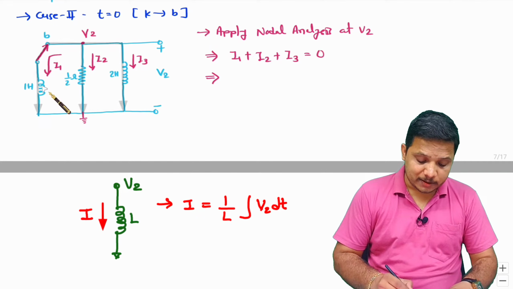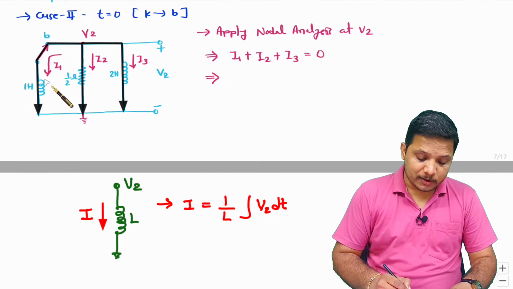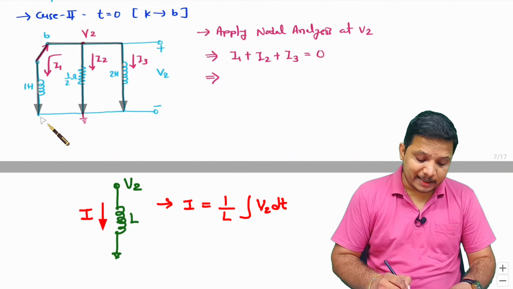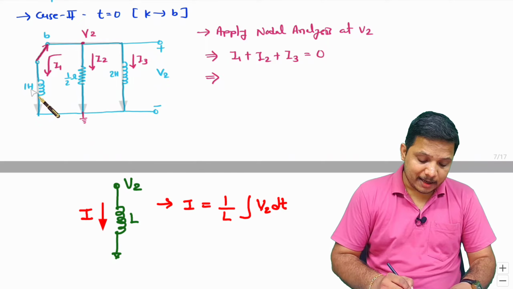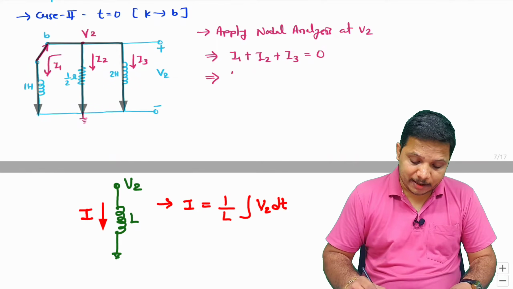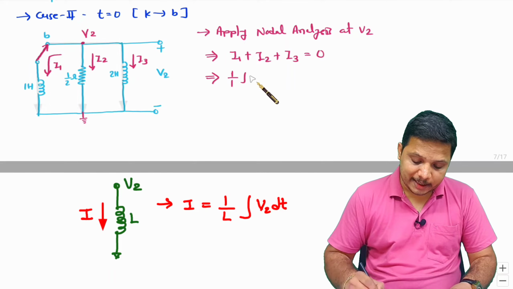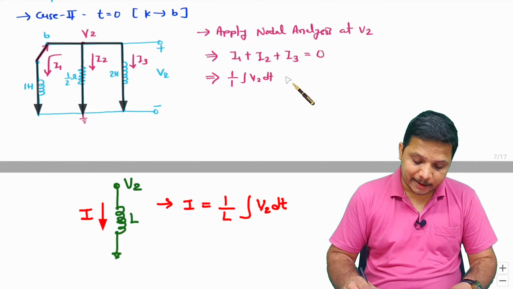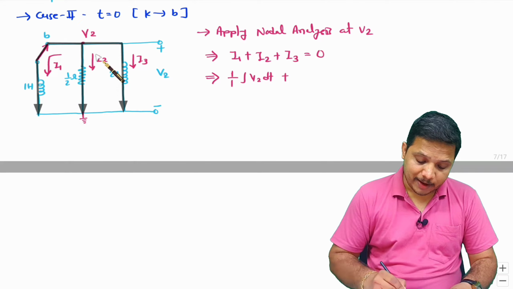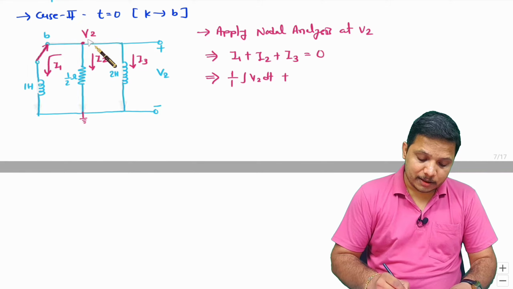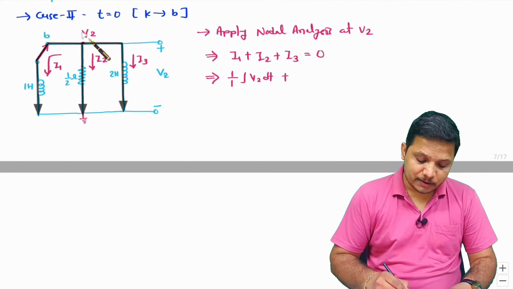So here voltage across this inductor, that is V2. So current passing through this 1 Henry inductor, that is 1 by L integration V dt. So that will be 1 by 1 integration V2 dt plus the value of I2, that is voltage by resistance. So voltage is V2 divided by resistance is half.